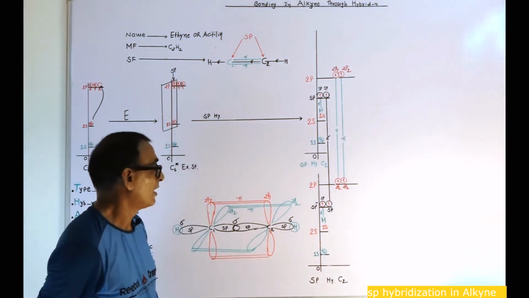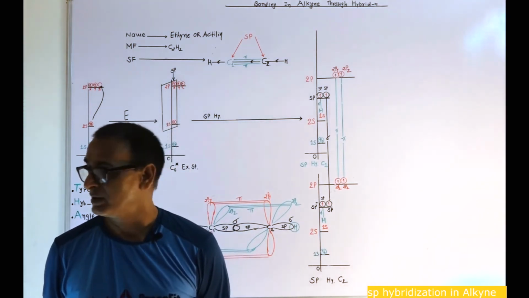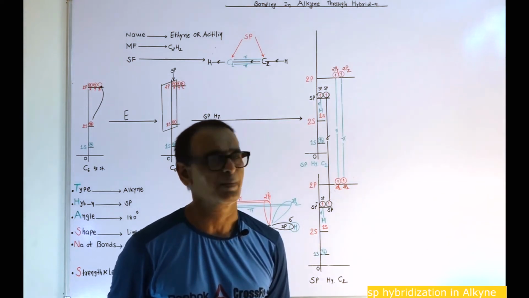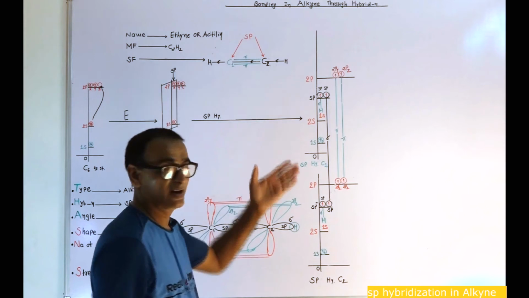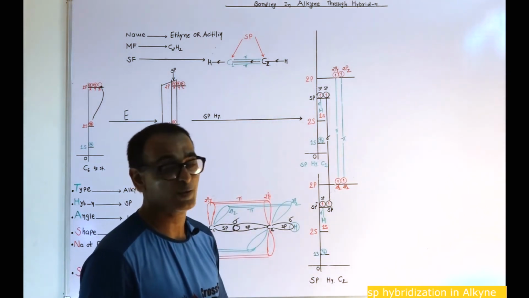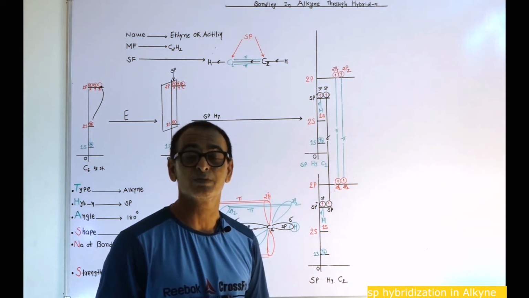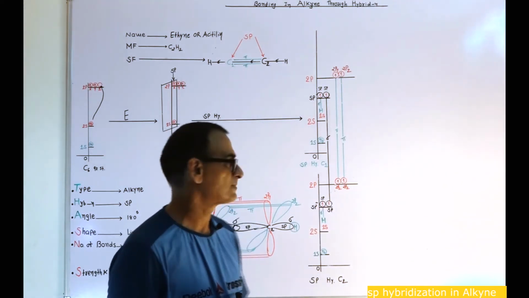One more thing. The orbitals which have not participated during the hybridization are always responsible for pi bond formation. So यहाँ 2py and 2pz both orbitals have not participated. That's why both these orbitals are responsible for pi bond formation.